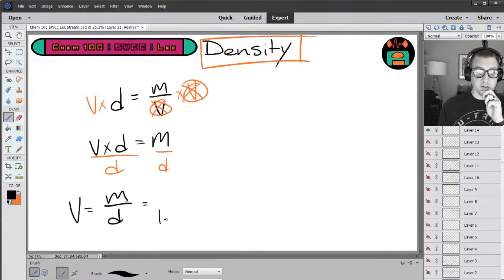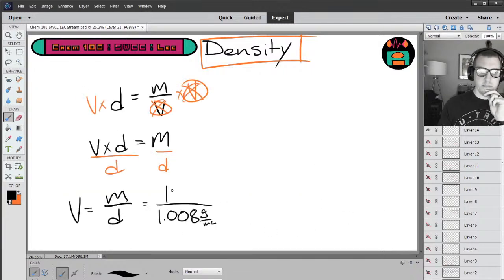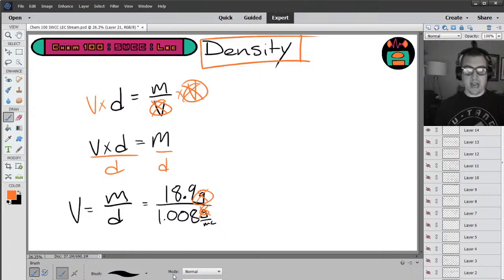So density goes in our denominator, 1.008 grams per milliliter. And then mass, 18.9. The mass of water is 18.9 grams. One thing you'll notice is our mass units cancel, which is awesome.